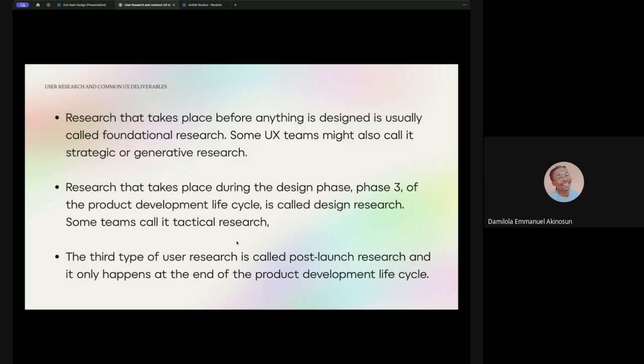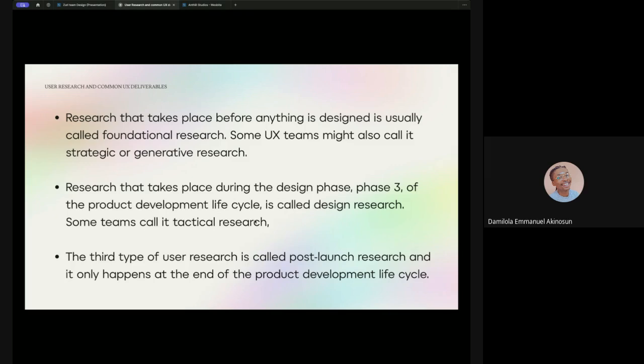The user research that you conduct during your design process is called the design research. And then the third type is called the post-launch research. This is the research that happens after you've launched your product. So those are the three types of user research: the foundational one, which comes before; the design research, which comes during; and the post-launch research, which comes after.